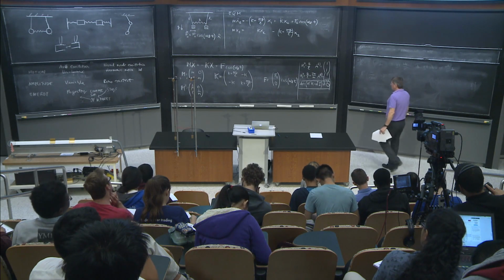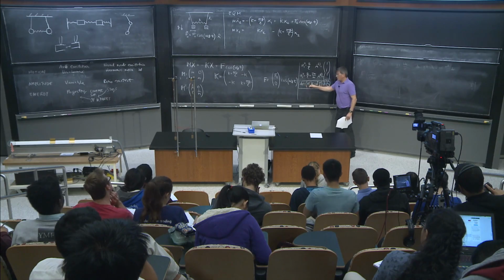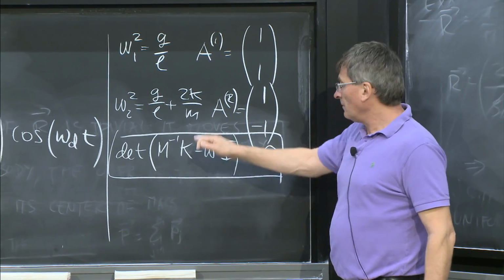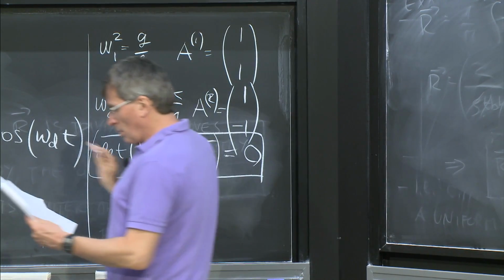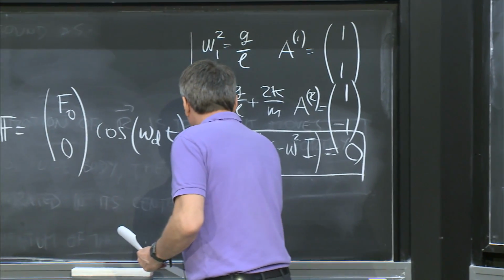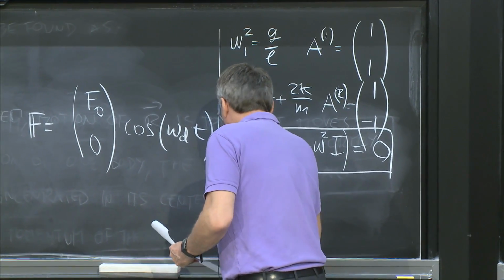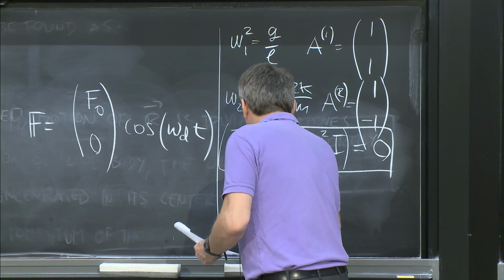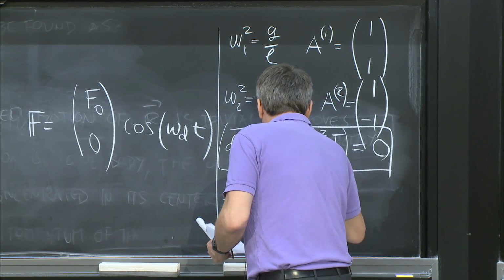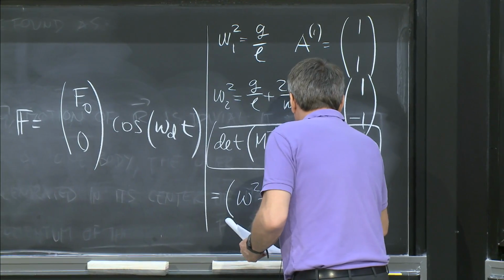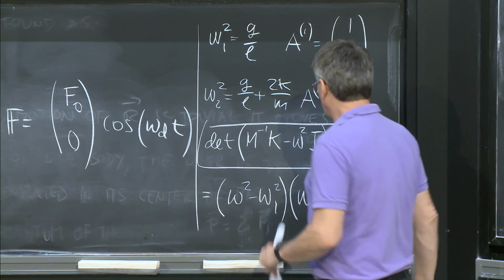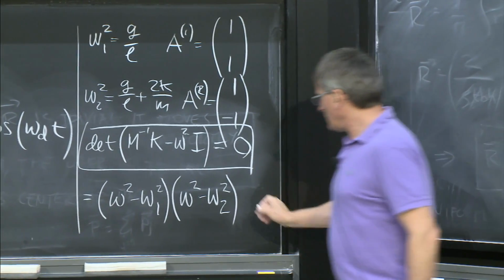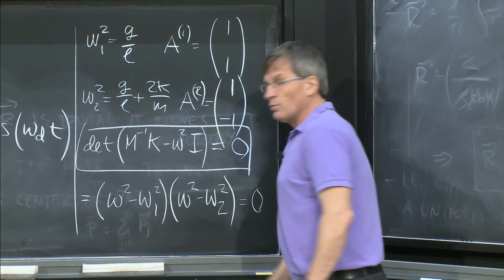Interestingly, if you do the calculations, after you know the solutions itself, you can write it in a very compact way. So this determinant can be written in the following way: omega squared minus omega 1 squared times omega squared minus omega 2 squared, and the condition was 0.